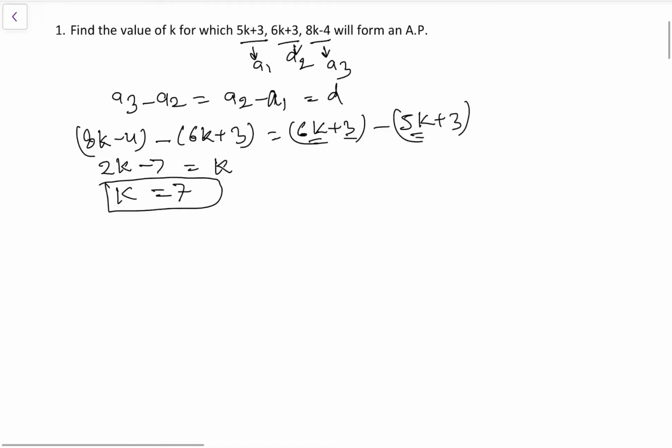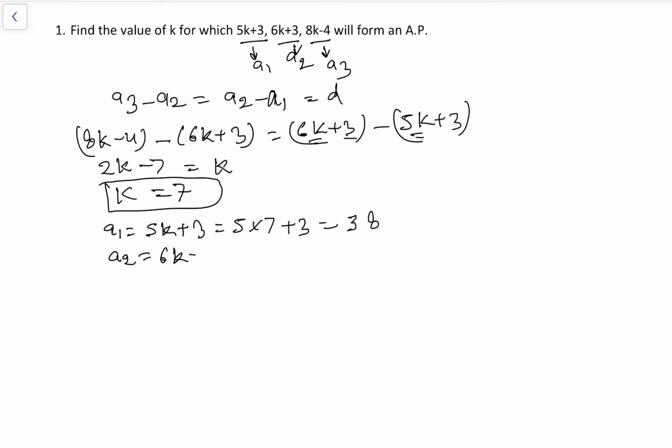So for k equal to 7, this will be the arithmetic progression. We can check this one. a1 will become 5k plus 3, which is 5 into 7 plus 3, which is 35 plus 3, 38. a2 will become 6k plus 3, 6 into 7 is 42 plus 3, which is 45, and a3 will become 8k minus 4, 8 into 7 is 56 minus 4, which is 52.